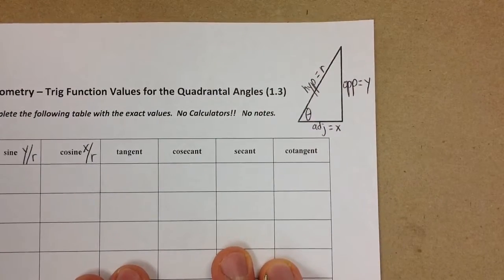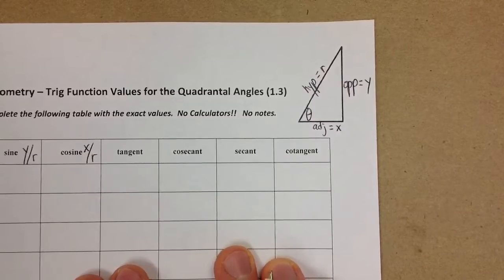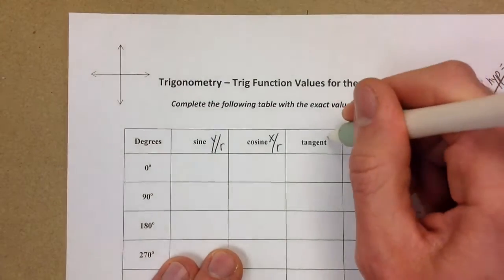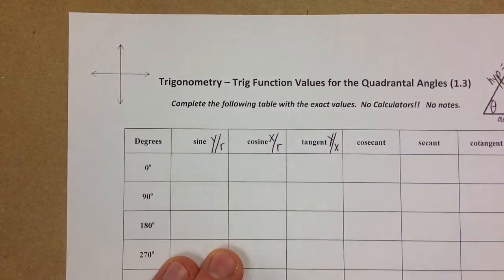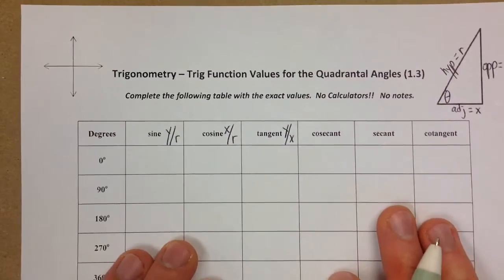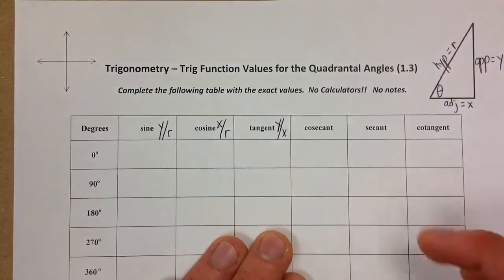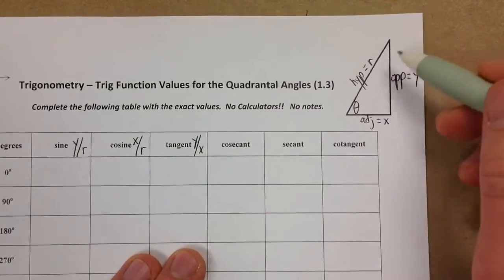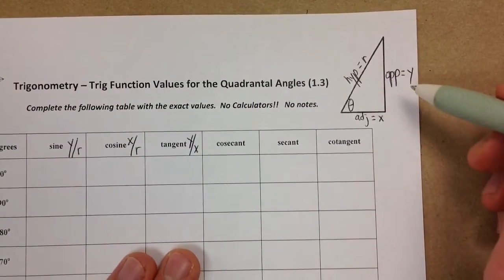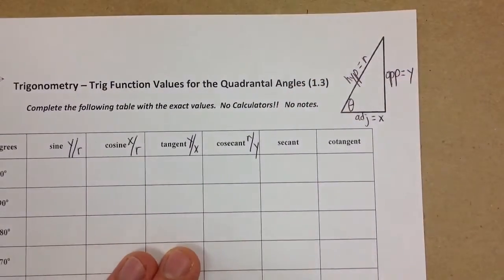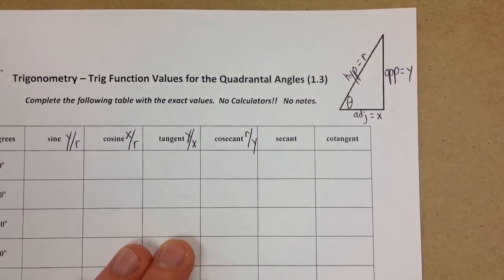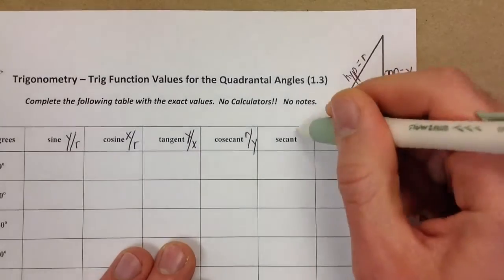In terms of x and y, it would be y over x. Very good. Brett, cosecant? It's hypotenuse over opposite. Excellent. So it's r over y. Very well done. Secant? r over x. Excellent.